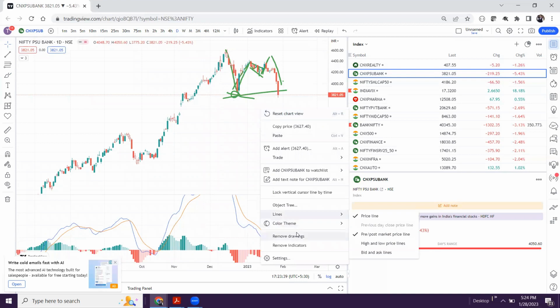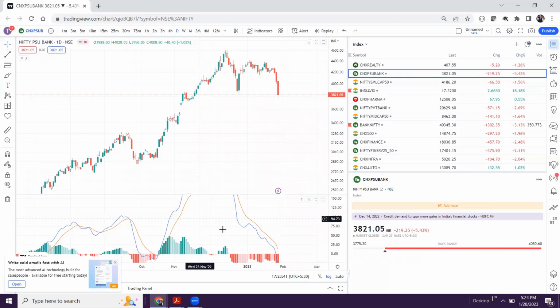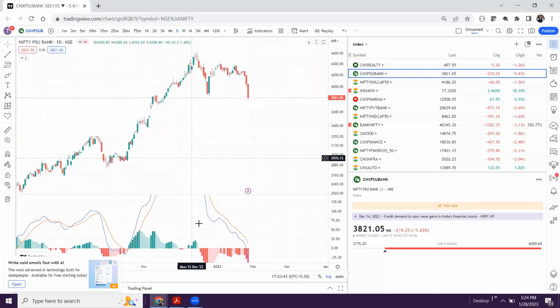In this case also there is a divergence. On this PSU bank chart, between this moment and the previous swing high, you can clearly see that there is a divergence on the MACD. So at this moment we should book the profit, and next we are expecting a fall. It gave the hint here only.